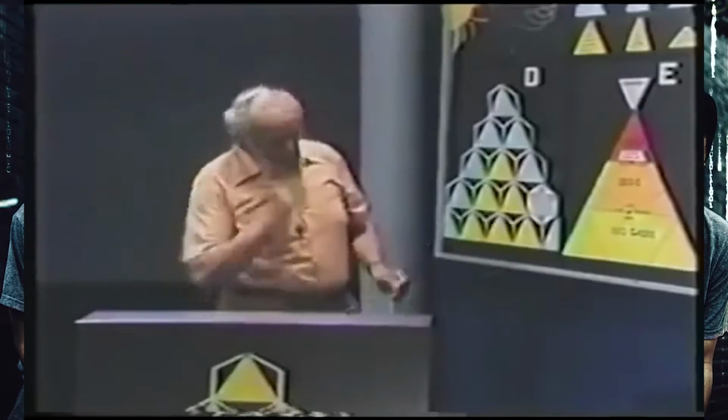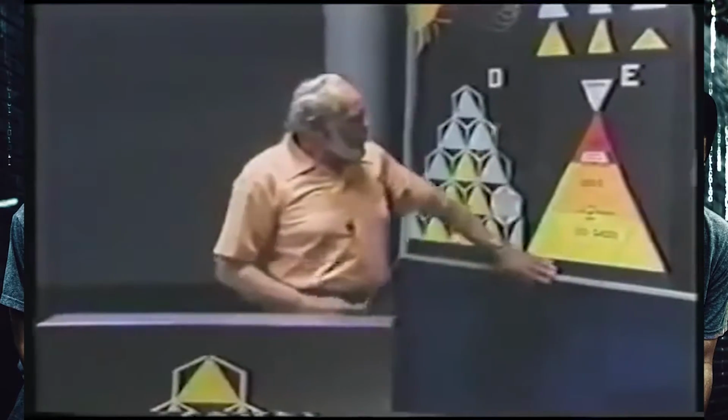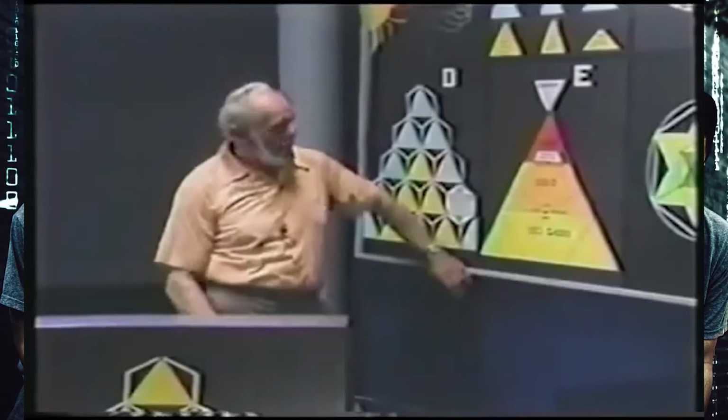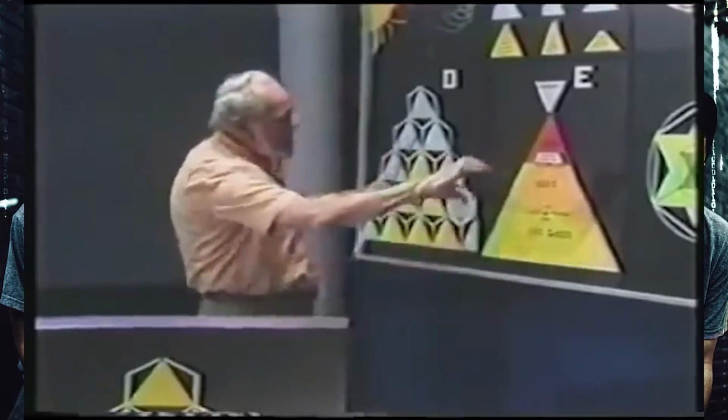If you want to use these crystals for any particular purpose, you have to be able to set them up either singly or in combinations with each other. And if you were to set this one up with one underneath it here, or a crystal that was both ends the same, then you would have, tip it sideways.